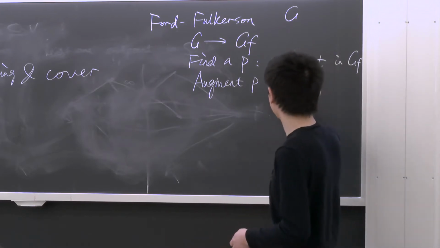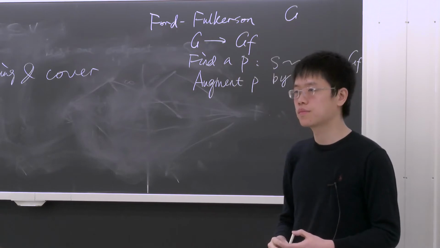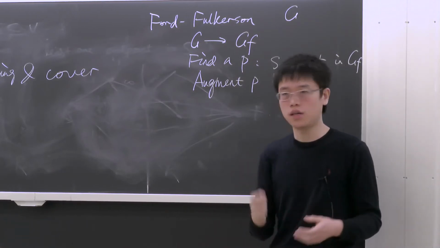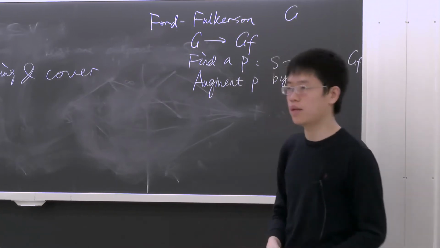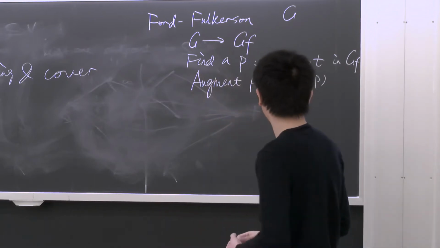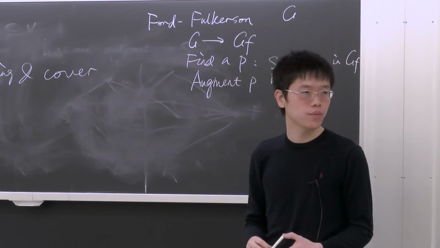By how much? Yeah, the minimum edge on the path. Let me just define that to be the capacity of the path, which is the capacity of the weakest link. Okay, then what's the last step we're missing here?